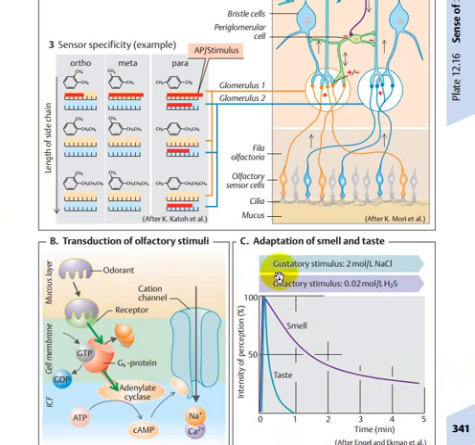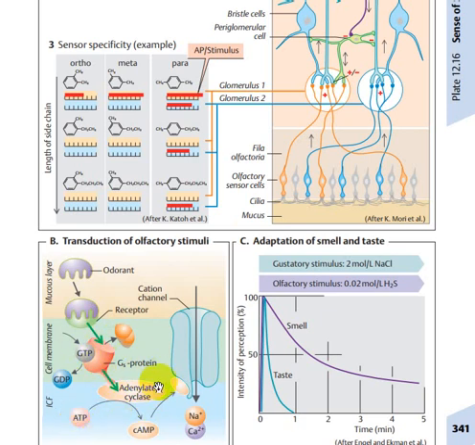So now, transduction of the olfactory stimuli. If you have a certain odorant, it's going to enter into the receptor on the olfactory sensory cells. The receptor-odorant complex is going to cause G protein activation. The G protein activation is going to convert GTP to GDP, and this is going to cause adenylate cyclase activation.